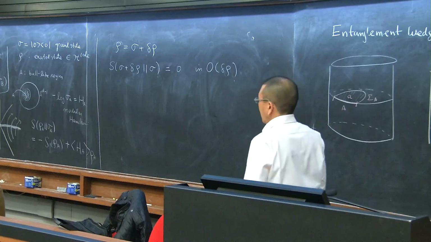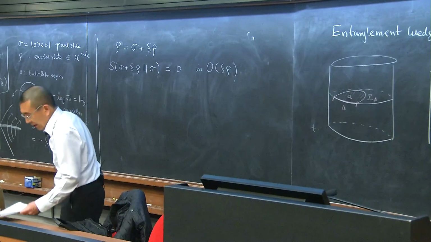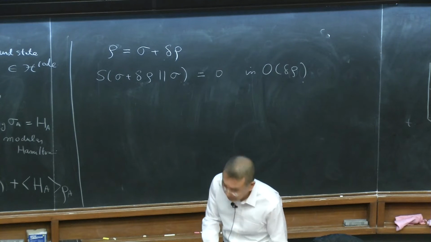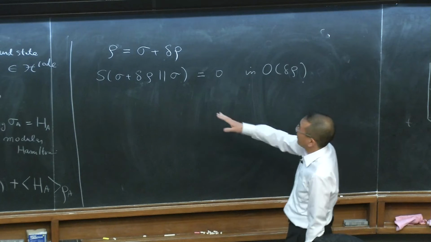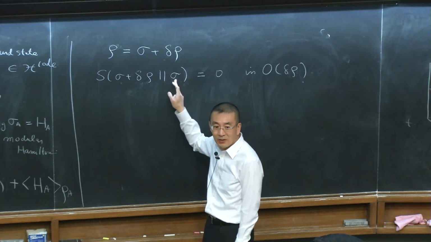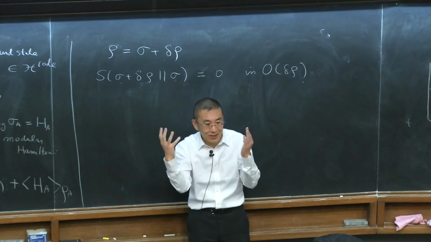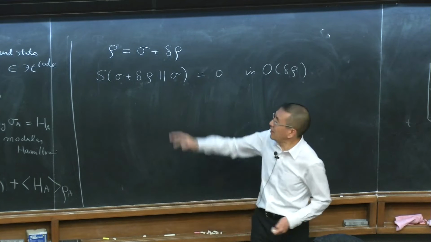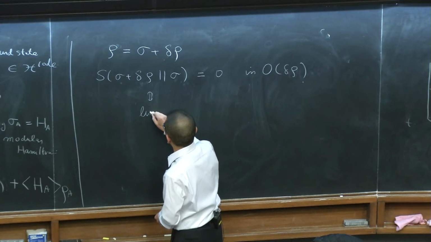And it was shown by various people. I have references here, but I guess citing them gets complicated. It was shown that if you take sigma to be pure AdS geometry, and if you consider rho to be an infinitesimal fluctuation about that geometry, then this is actually equivalent to the linearized Einstein equation.